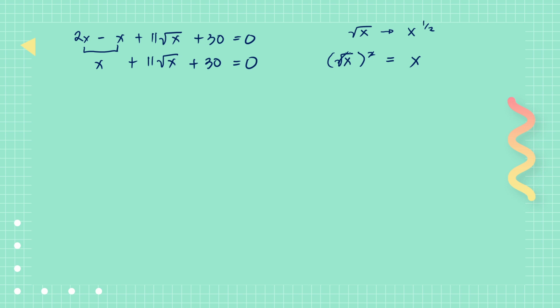To explain this part, square root of x quantity squared is equivalent to x. If we convert this square root of x into exponential form, that would be x raised to 1/2. And then if we square this, it will give us x raised to 1/2 times 2, which is x raised to 2 over 2. And it is equivalent to x raised to 1, which is also x.